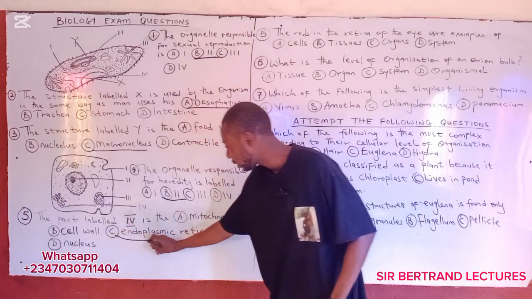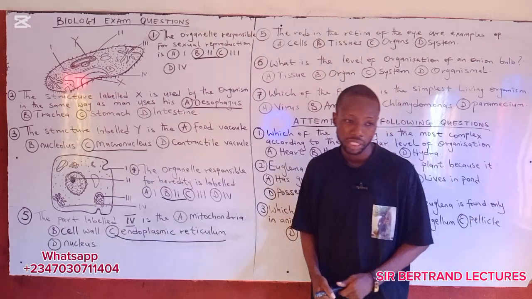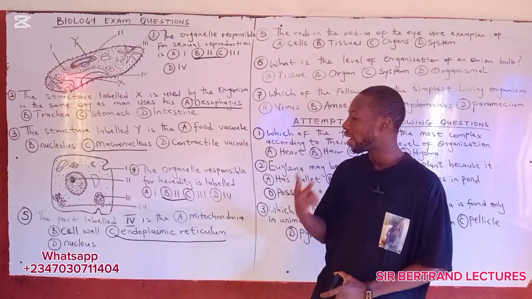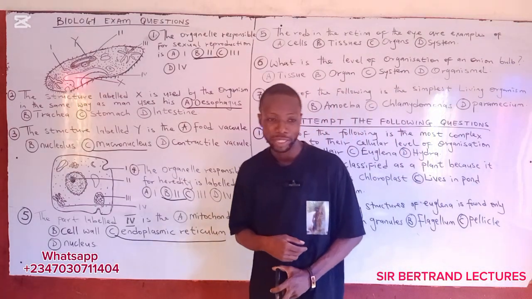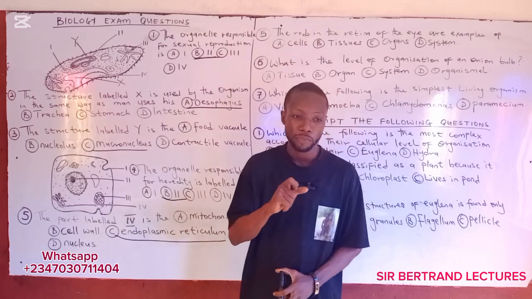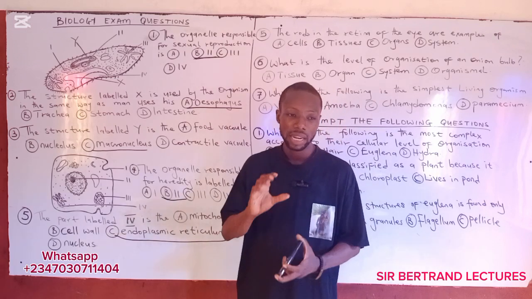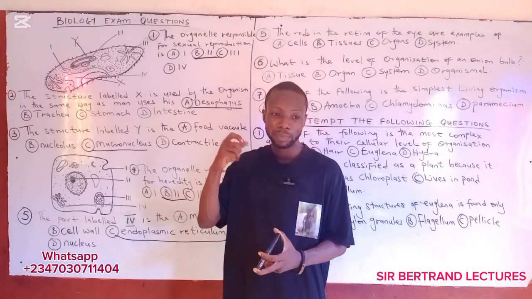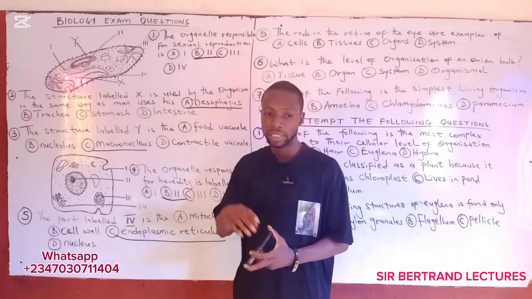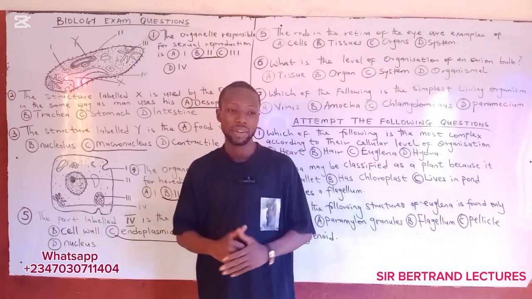The answer is endoplasmic reticulum. I told you we have two types of endoplasmic reticulum. We have the rough, which is closer to the nucleus and has surface area for the attachment of ribosome, which makes it look rough in appearance.